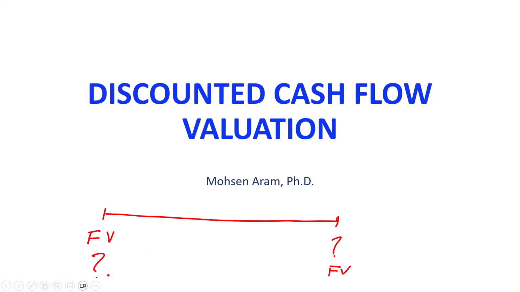So we were moving only one lump sum over time. But in finance, there are a lot of assets, real assets and financial assets, that have multiple cash flows. So we need to learn how to deal with more than one cash flow. So in this video, we are going to start by finding the future value of multiple cash flows.